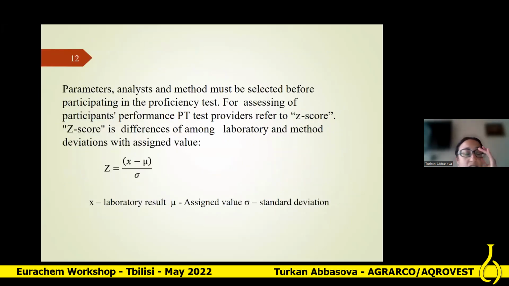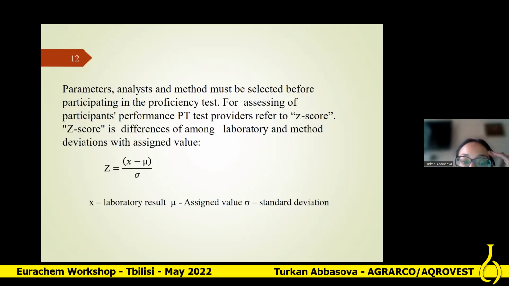After receiving the results, as you know, the results are assessed with Z-score figures, and how laboratories estimate the Z-scores you can see on the slides.